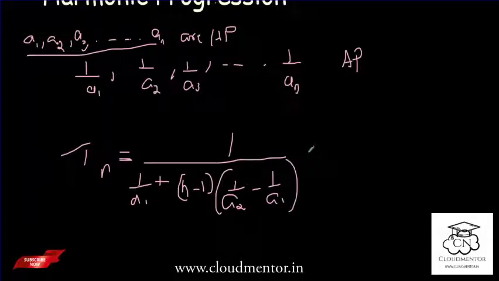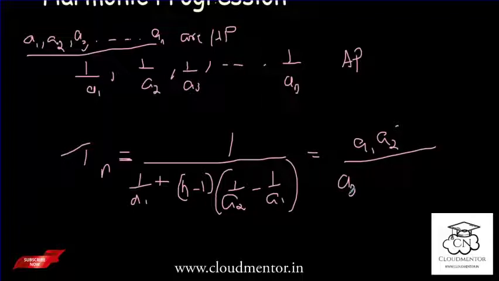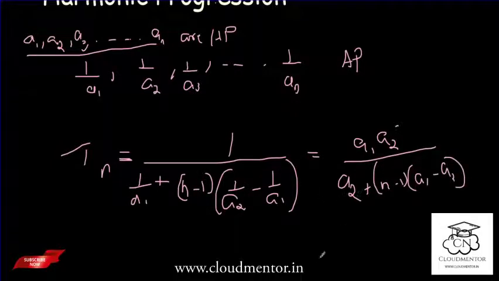Okay, and that is equal to A1 A2 divided by A2 plus (n minus 1) of (A1 minus A2). This is the equation for the nth term of a harmonic progression from the beginning.